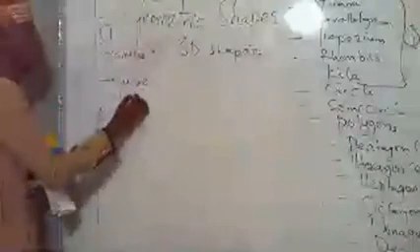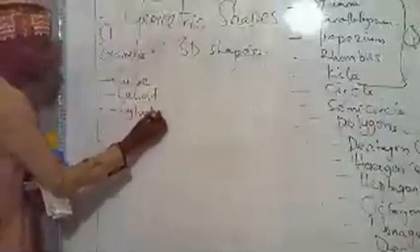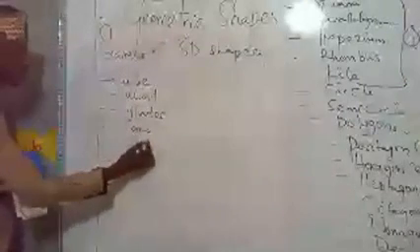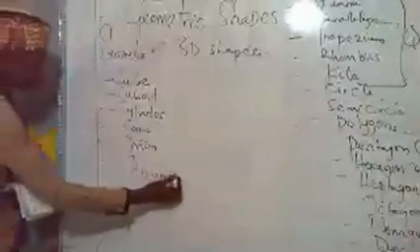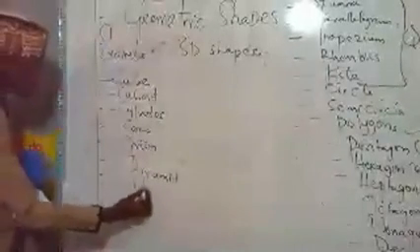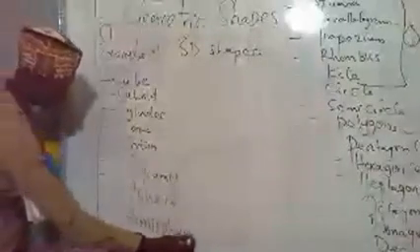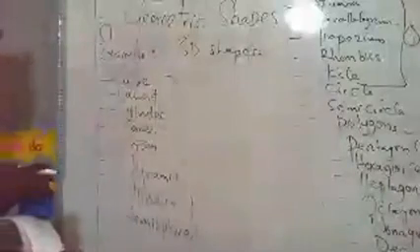The cube, the cuboid, the cylinder, the cone, prism, pyramid, sphere, hemisphere. All these are 3D shapes. All these are what? 3D shapes.